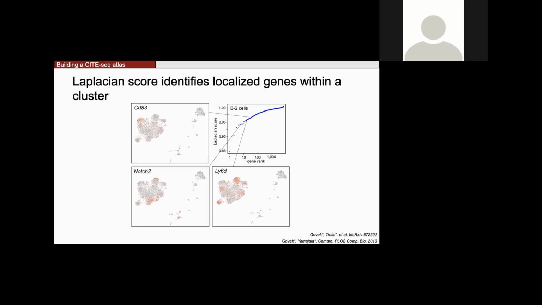So when we run this on the B2 cells, we identify genes like CD83, Notch2, LY6D, that can all identify subpopulations of B2 cells based on the maturity or location in the spleen.